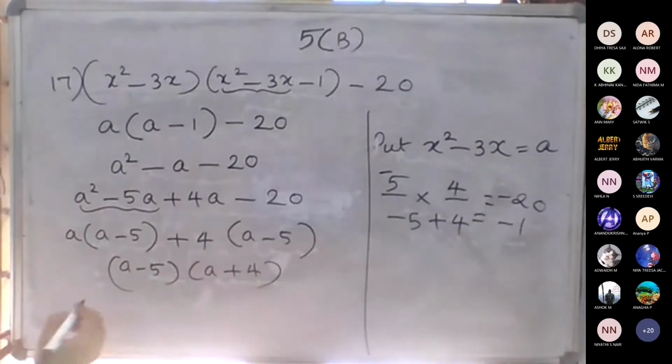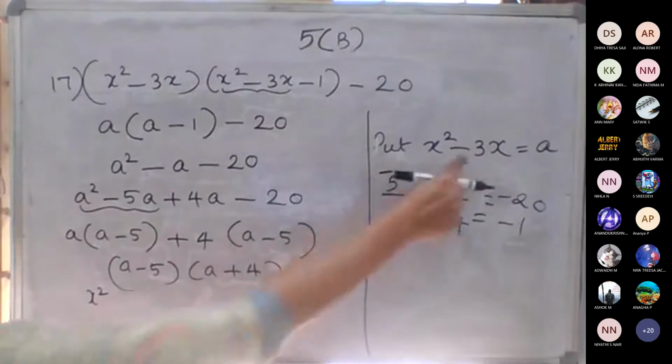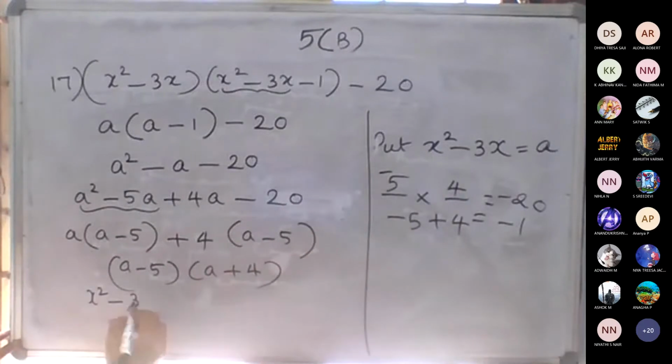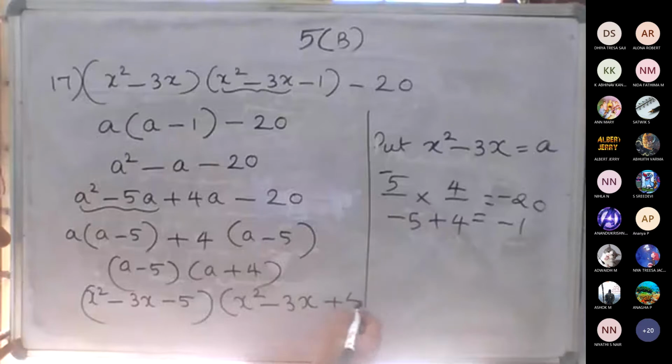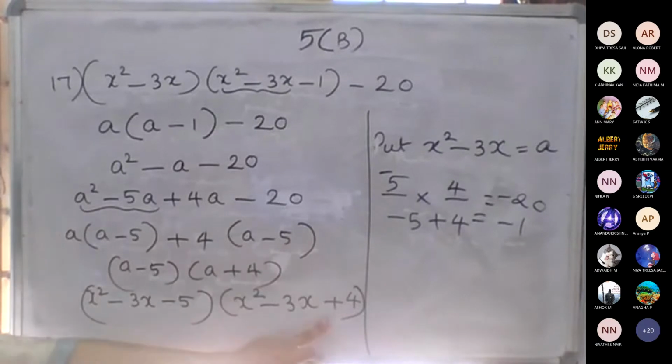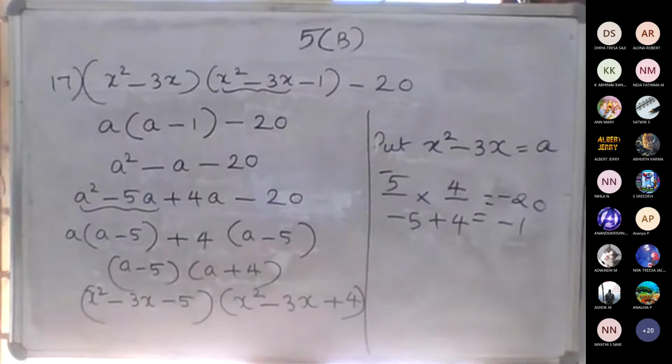Then substitute a as what? x square minus 3x minus 5 into x square minus 3x plus 4.